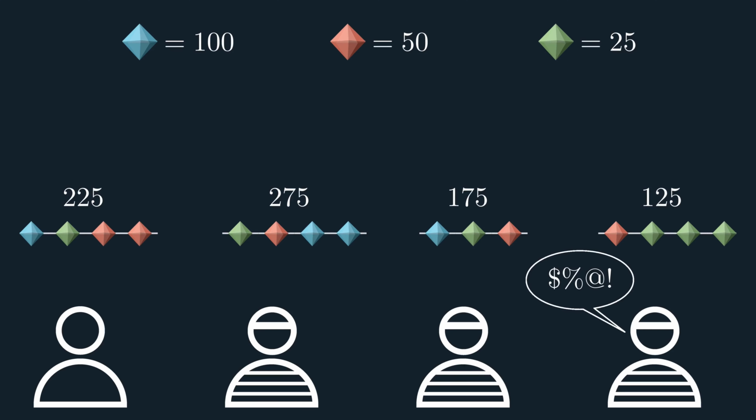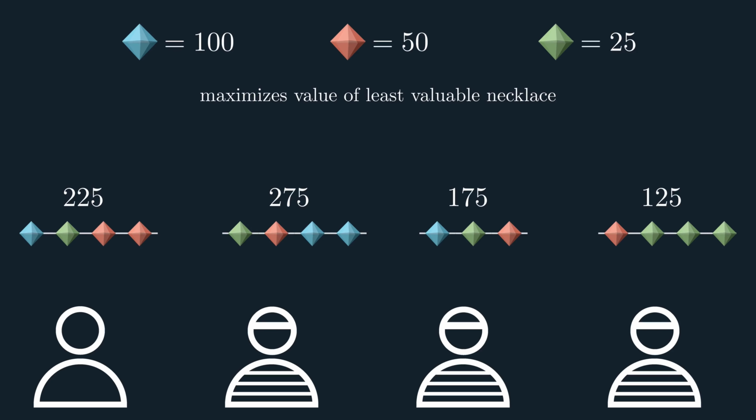One way to define fairness is to ensure that the person who gets the least valuable piece is as well off as possible. In other words, we want to partition the necklace in a way that maximizes the value of the least valuable piece. This idea is known as egalitarian welfare.